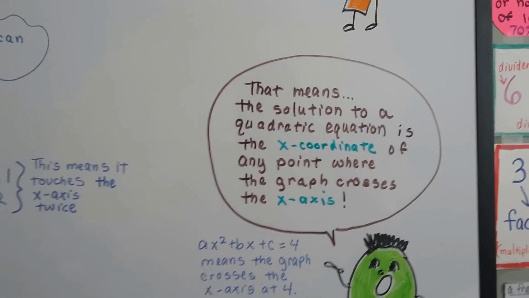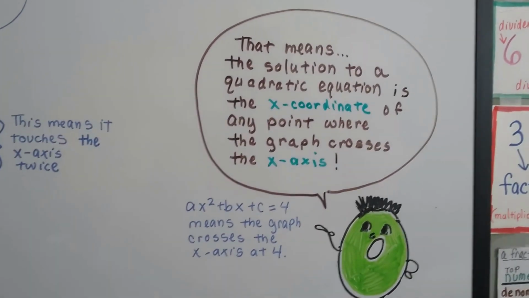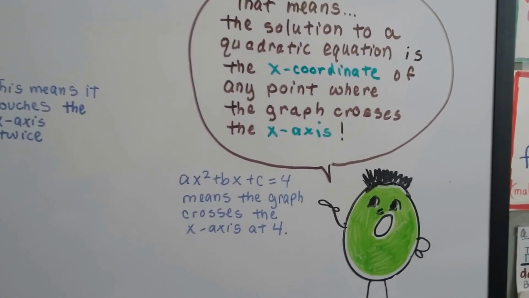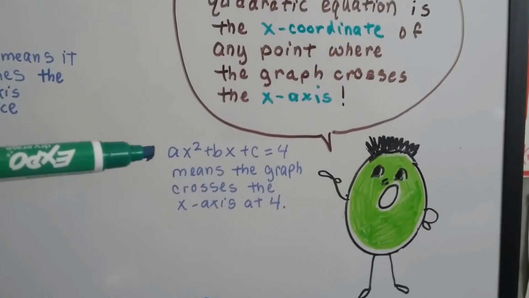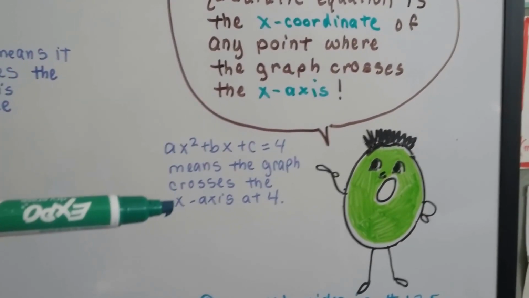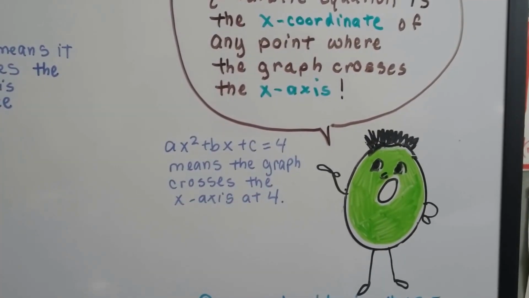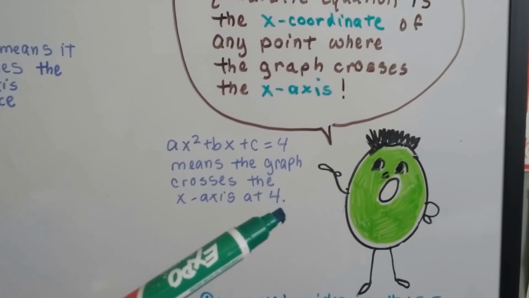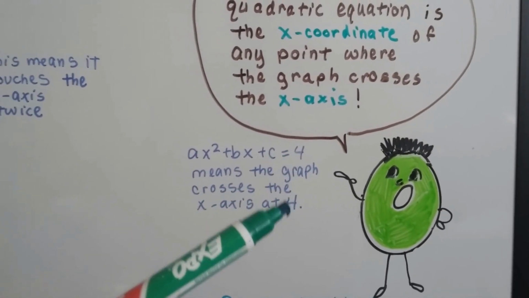The solution to the quadratic equation is the x-coordinate of any point where the graph crosses the x-axis. So if it equaled 4, the graph crosses the x-axis at 4. If it was 8, it crosses at 8. If it was -2, it crosses at -2.